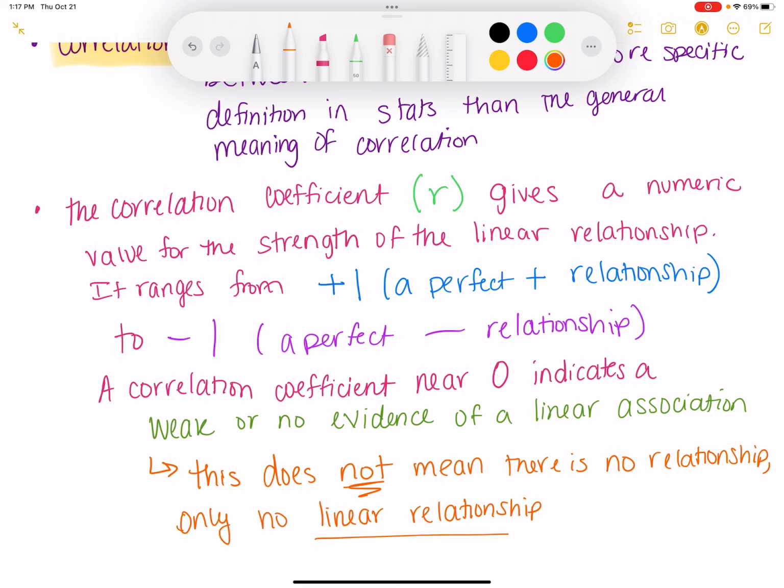Okay, there could be a curved relationship or some relationship in general, but it does not mean that it's linear. Okay.